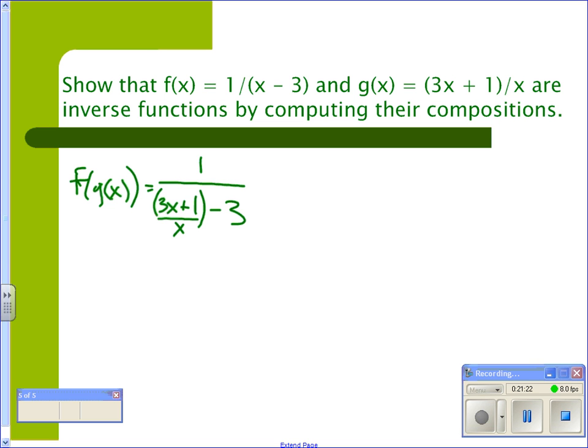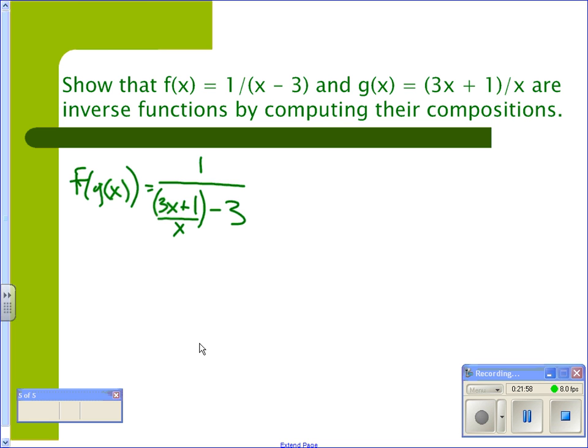Agree? See how that works? It's 1 over x minus 3. So instead of x, we put in 3x plus 1 over x. Y'all see how that works? Does someone want to go write g of f of x?